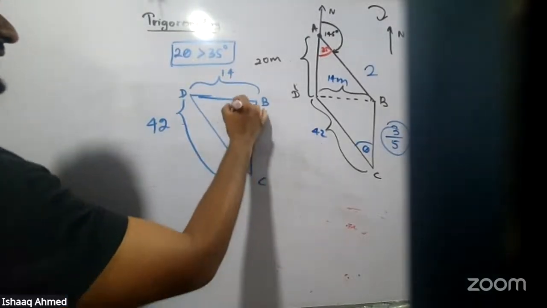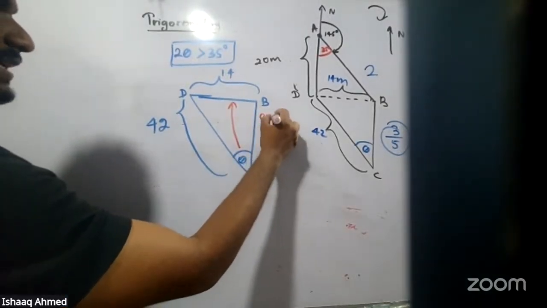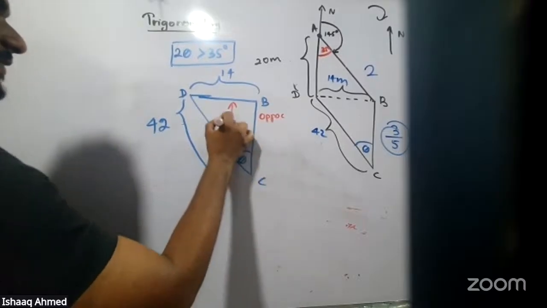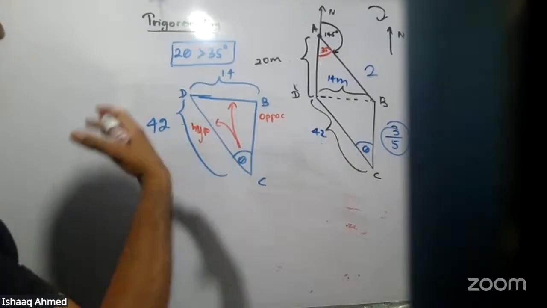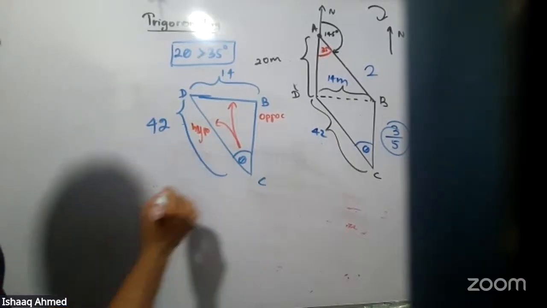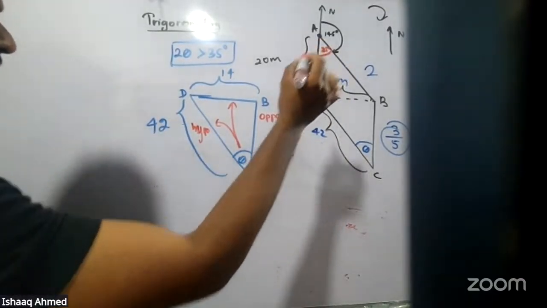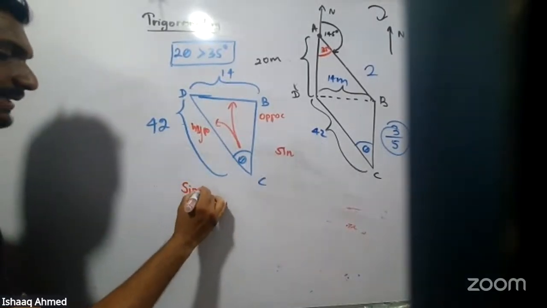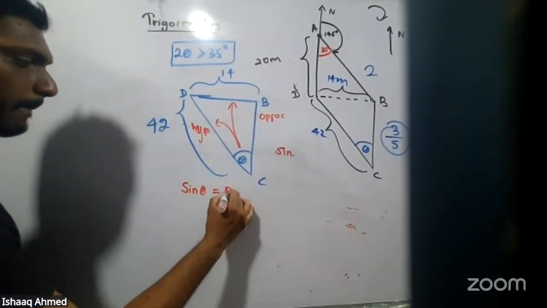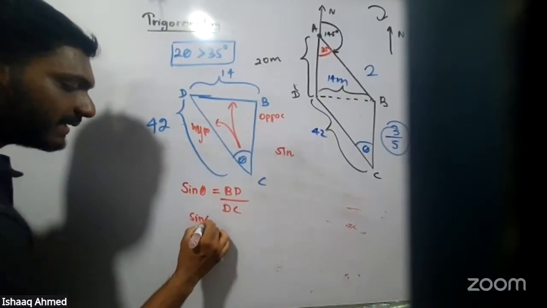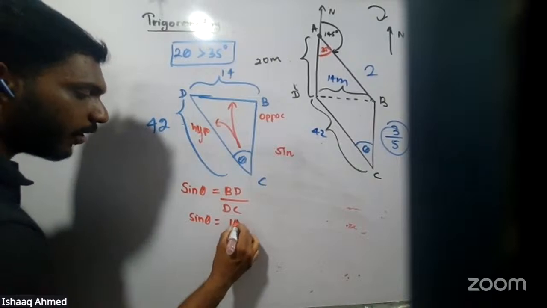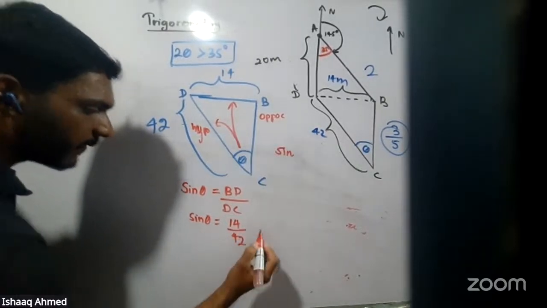For theta, what is this? Opposite. For theta, what is this? Hypotenuse. So what is the ratio that deals with opposite and hypotenuse? Sine. So we can say sine theta equals BD over DC.